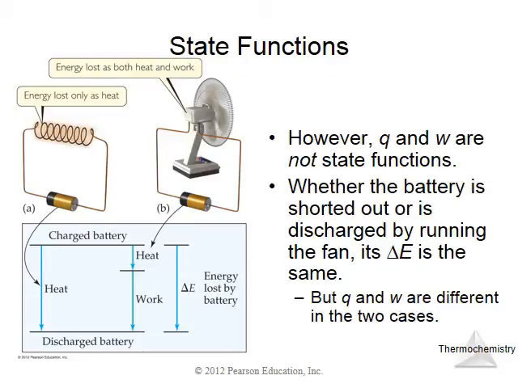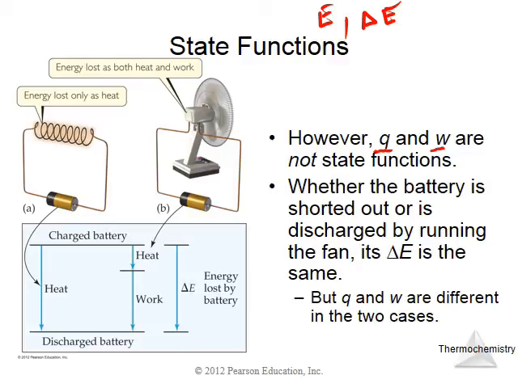I just mentioned that internal energy E or change in internal energy delta E are state functions, which depend only on the initial and final states. However, that's not the case for heat Q or work W. They are not state functions.